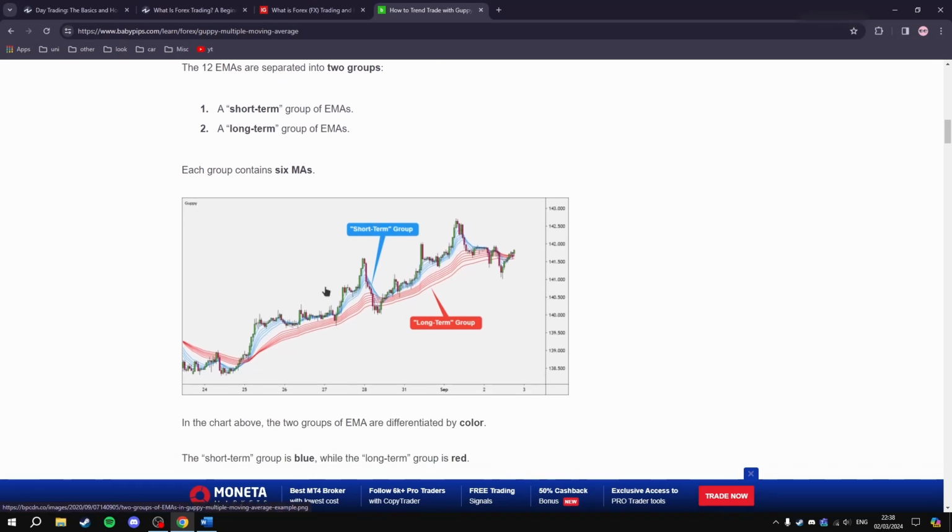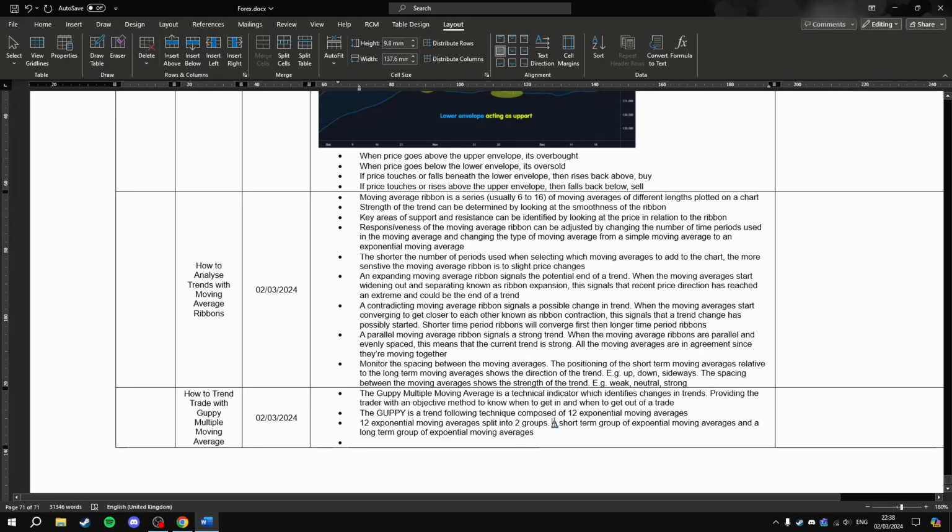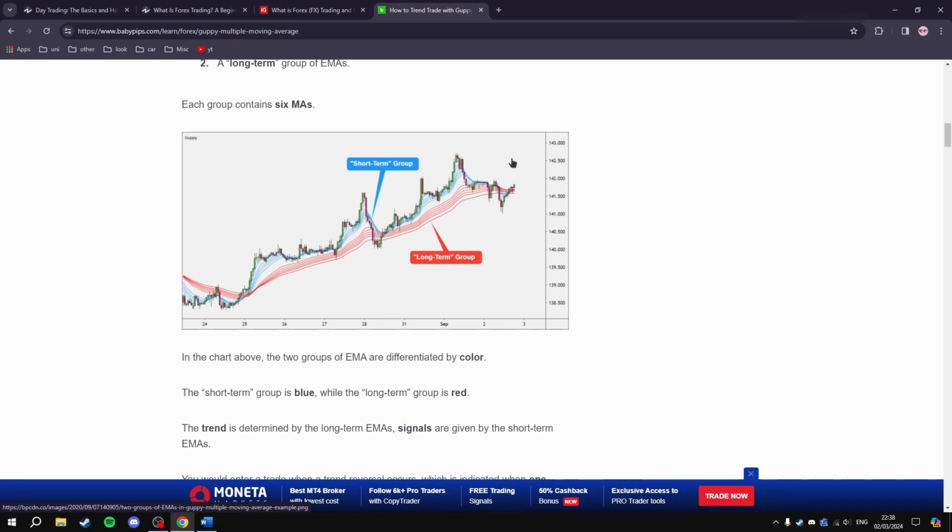Each group contains 6 moving averages, 6 short-term and 6 long-term. Okay, so the short-term group you can see by the blue, and the long-term you can see by the red.